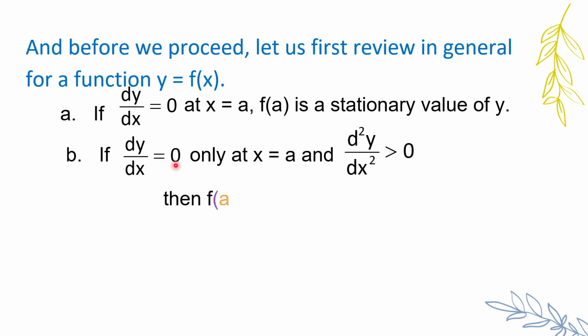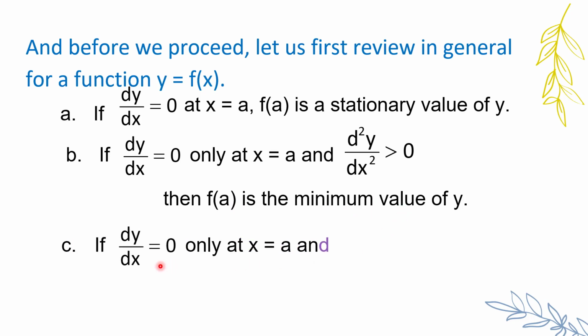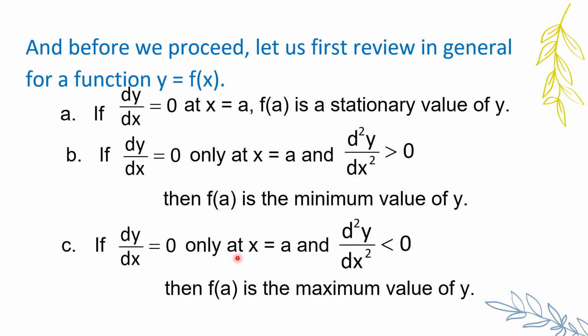If dy/dx equals 0 only at x equals a and the second derivative is positive, then f(a), the value of y, will be a minimum value. If dy/dx equals 0 only at x equals a and the second derivative is less than 0, or negative, then when we substitute into the function at x equals a, f(a) will be a maximum value of y.